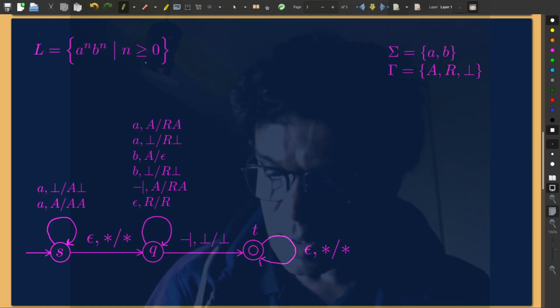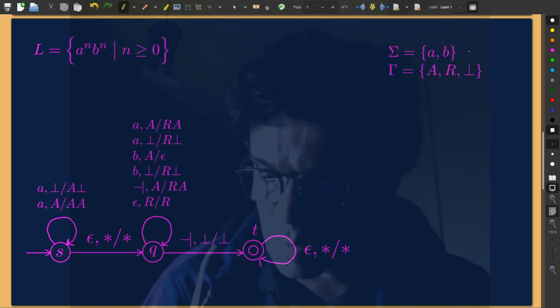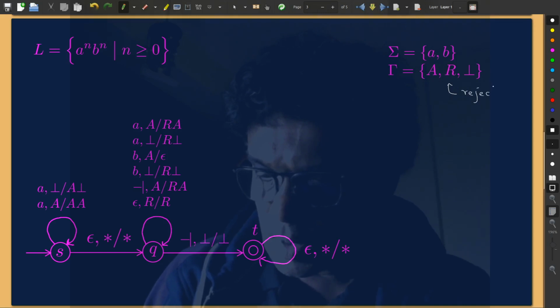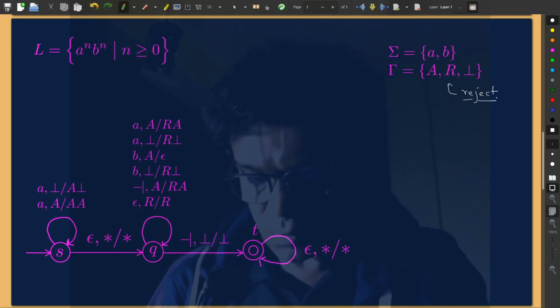So the input is a comma b, and the stack symbol is, earlier we have used this a for this a, and this was the initial bottom marker. Now I use an extra symbol. This stands for reject. Okay, so let's see how it works.